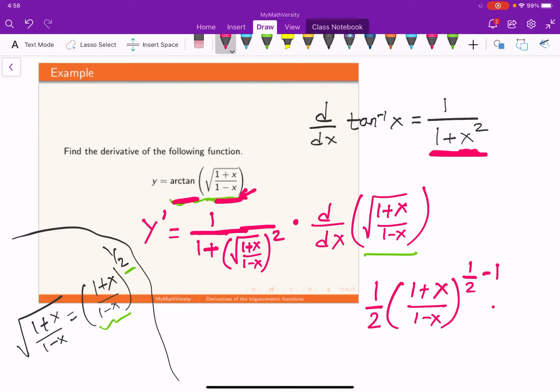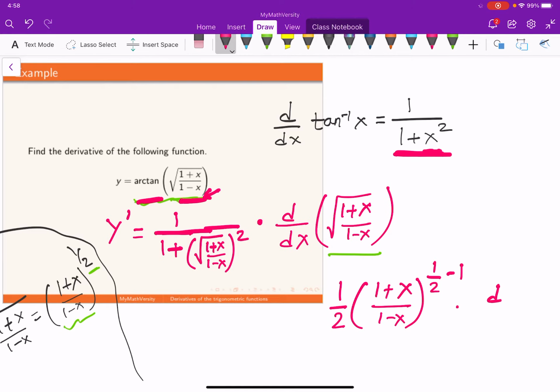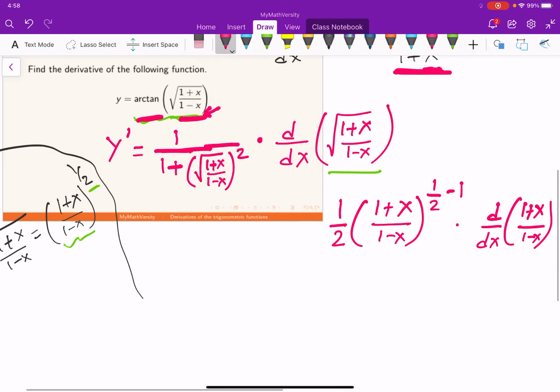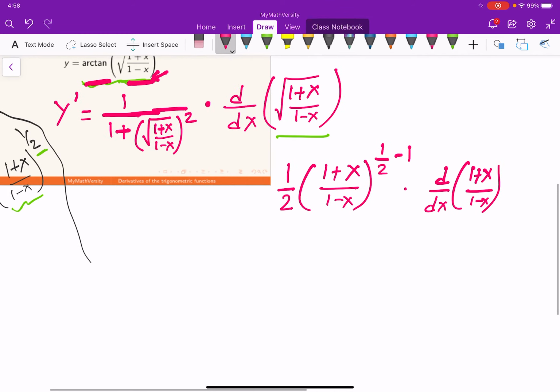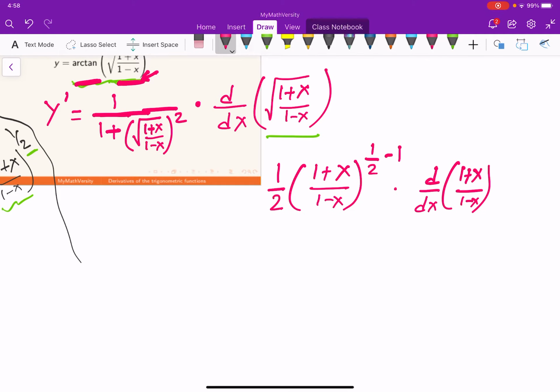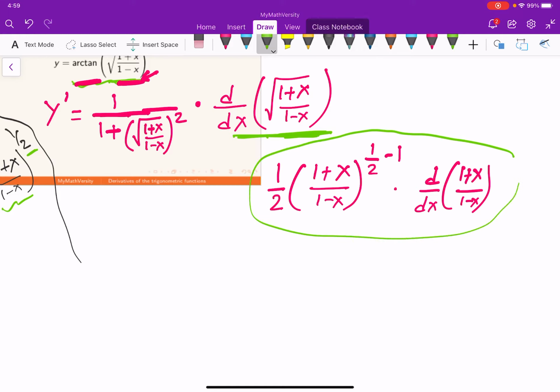And then again, don't forget to multiply by the derivative of (1 plus x) over (1 minus x). So it looks like we need to apply multiple rules here, right? Whatever we have done so far is just the derivative of this. So this is what we have figured out here, the derivative of that. But we are not finished yet, because we also need to figure out this, right? So let's do that.